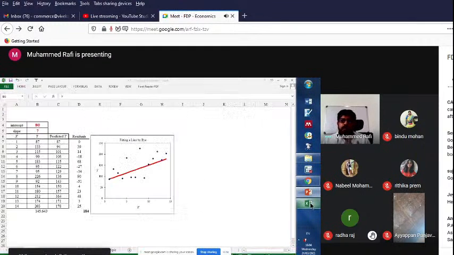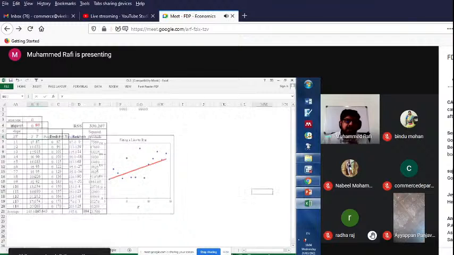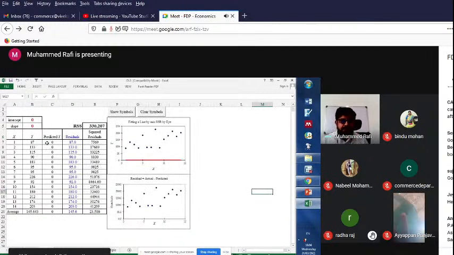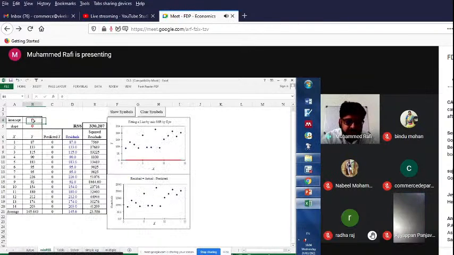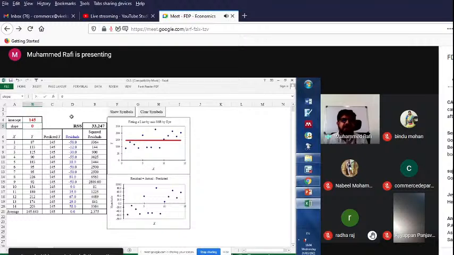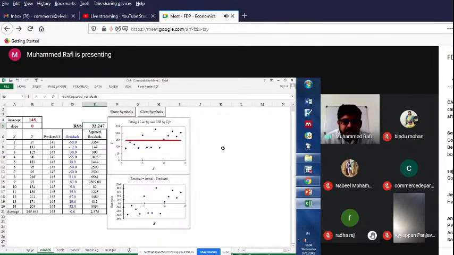Now you can see in this example, if I give the value 145, you can see the residual sum of square. How am I calculating the residual sum of square? You have the actual value y here, you have the predicted y, then you take the deviation.